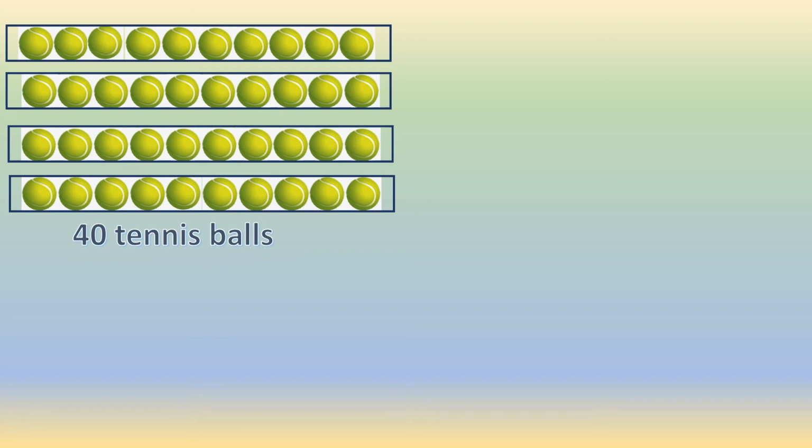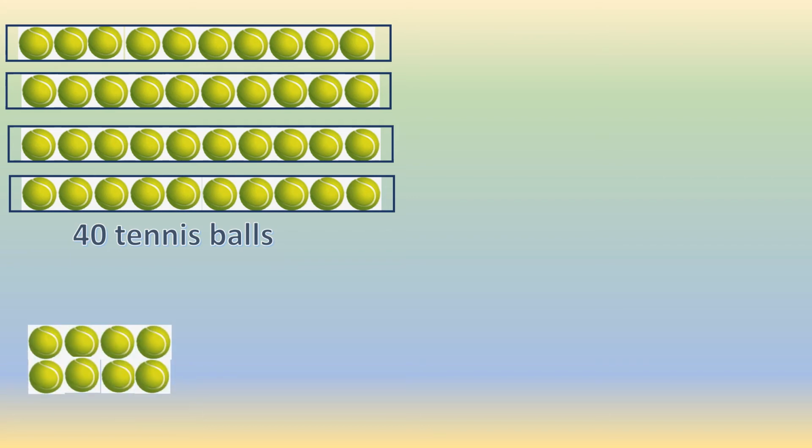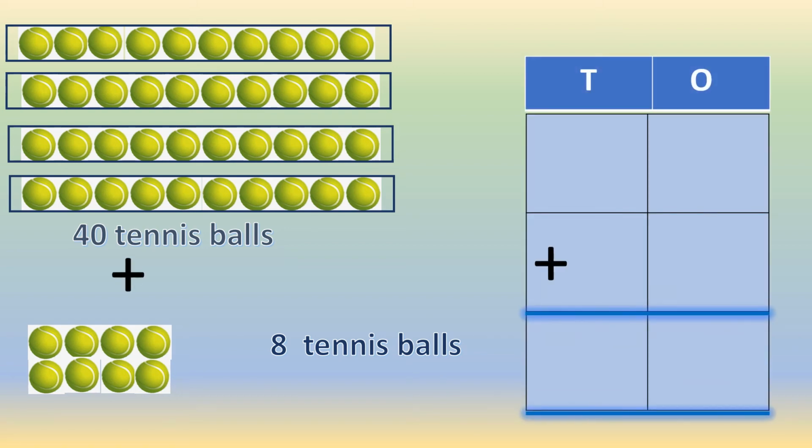The manager decides to get in a few more stock of tennis balls. Let us count the number of tennis balls that are there on the screen. There are 8 tennis balls. Let us add the two numbers of the tennis balls to see how many total number of tennis balls are there in the store. Let us arrange the numbers in the table.